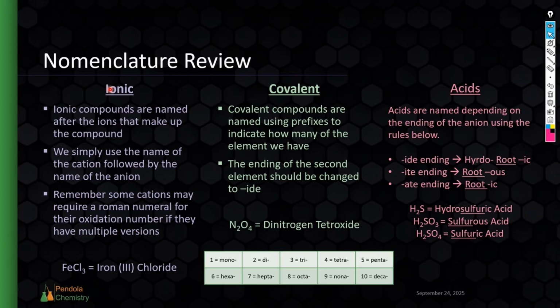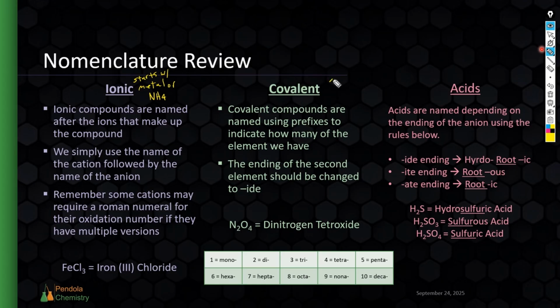And remember, there's a very easy way of figuring this out, right? Because if it's an ionic compound, it's going to start with a metal or NH4. So if it starts with a metal or NH4, you know it's ionic. Doesn't matter what the metal is, doesn't matter how many NH4s there are. If it starts with a metal or NH4, it's ionic.